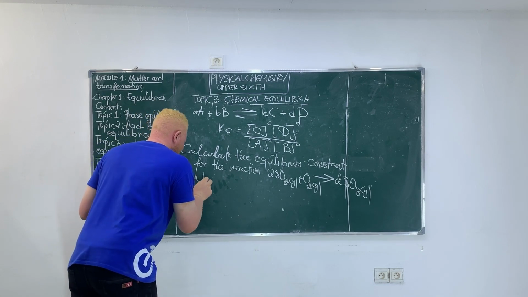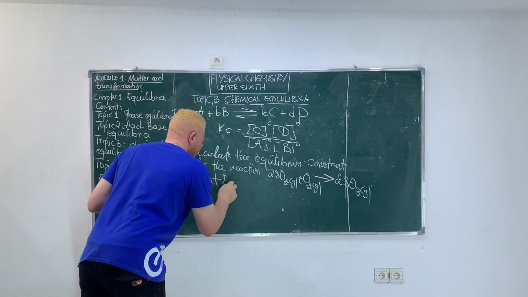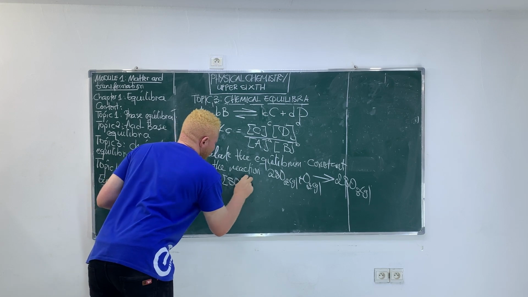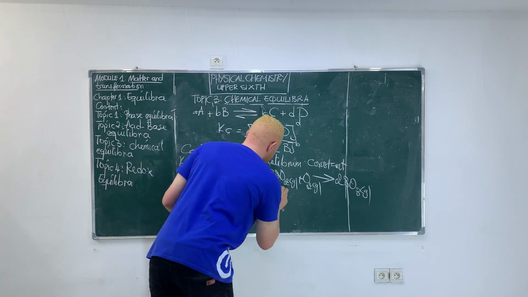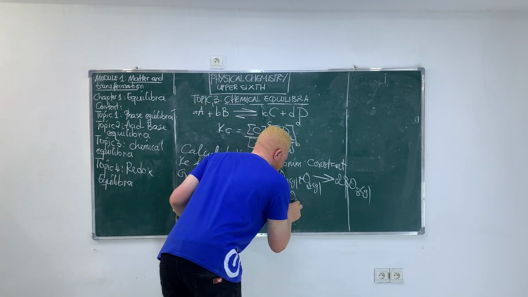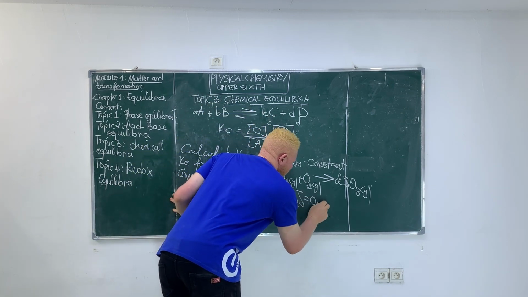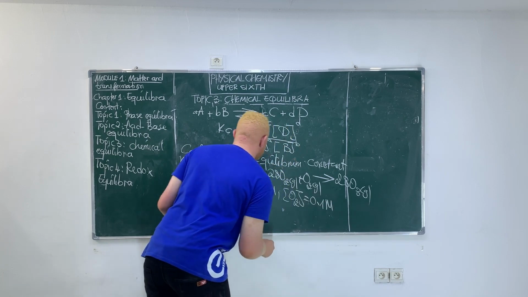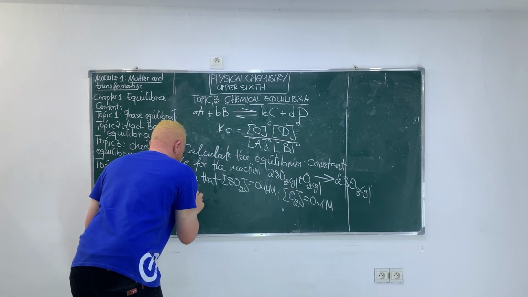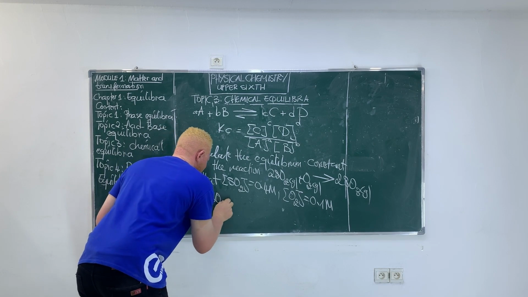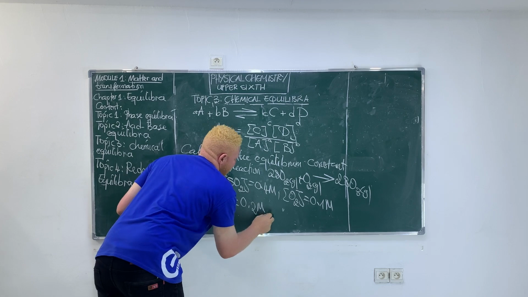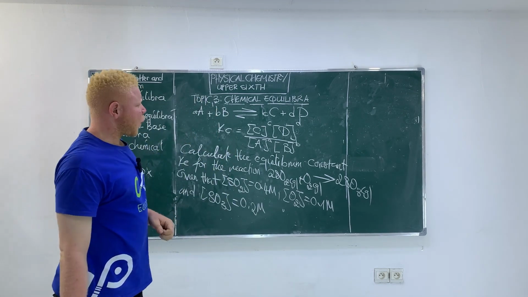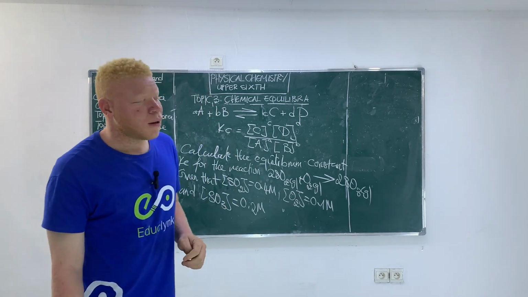Given that the concentration of SO2 is 0.4 molar, concentration of O2 is 0.1 molar, and concentration of SO3 is 0.2 molar. So let me read the question for you.